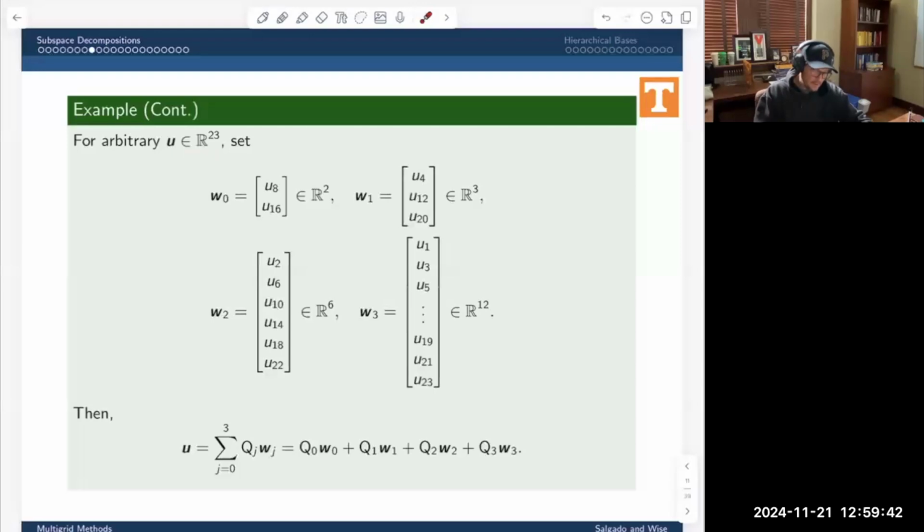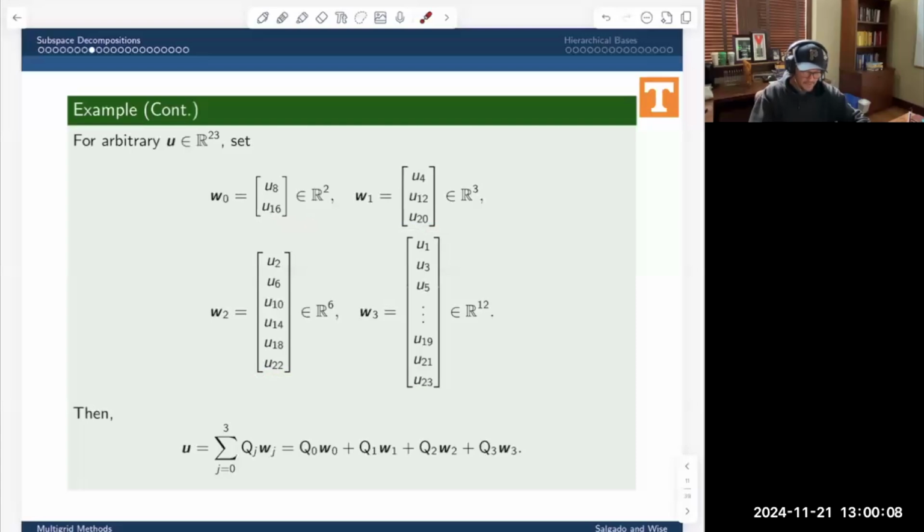Okay, in a basis, quote unquote, that is an element from R2, R3, R6, and R12. And if I add all those things back up, you can see I've got all of the components of U in here, U1 up to U23, all the even components, all the odd components, etc. But I'm kind of storing these in a kind of weird compact way.